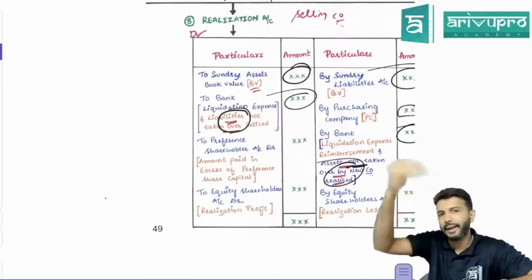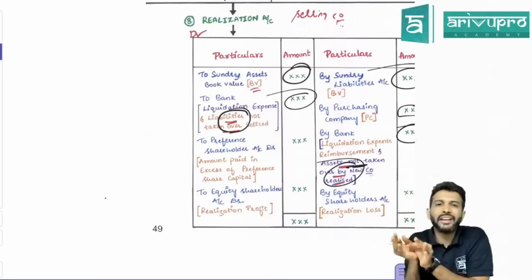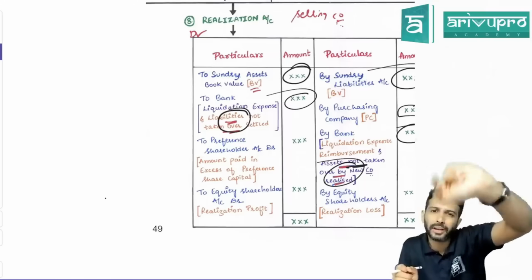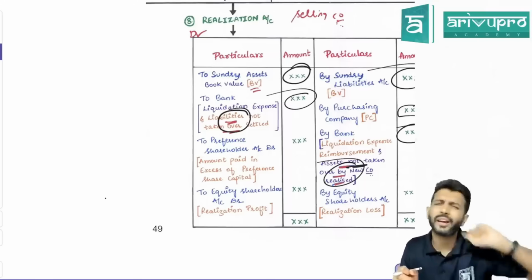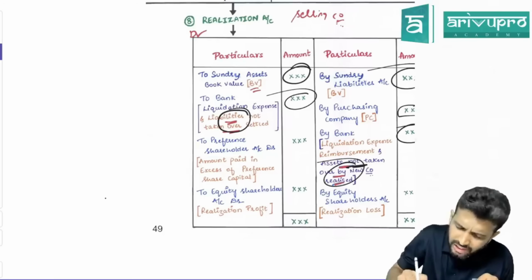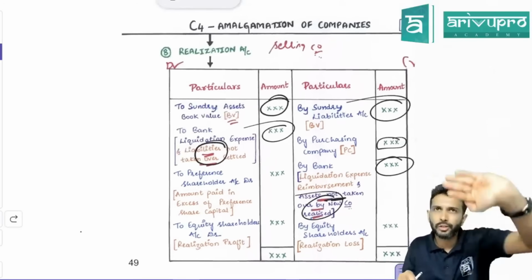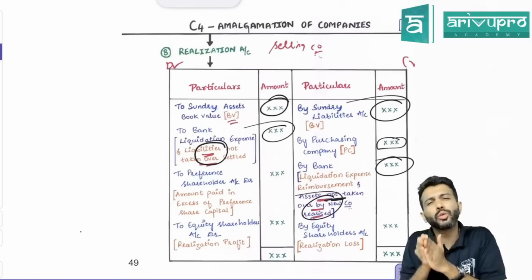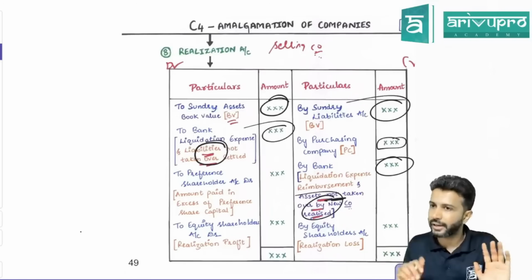Expense to bank and P&L to expense. So if you add both the entries, the effective entry for any expense is P&L account debit to bank. Correct? For one expense, you want to prepare the whole P&L? Not required. So for any expense, the journal entry here will be realization account debit to bank account. Instead of P&L account debit to bank, route it through realization itself, because for one expense, it doesn't make sense to prepare the whole P&L.